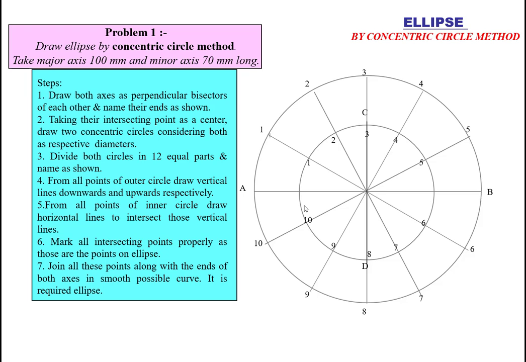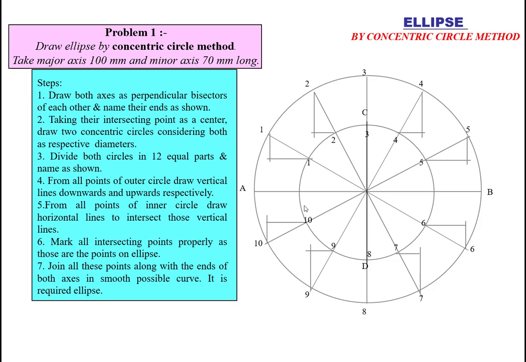Now from the outer circle we have to draw vertical lines, and from the inner circle we have to draw horizontal lines from point 1, point 2, point 4, point 5, point 6, point 7, point 9, point 10.